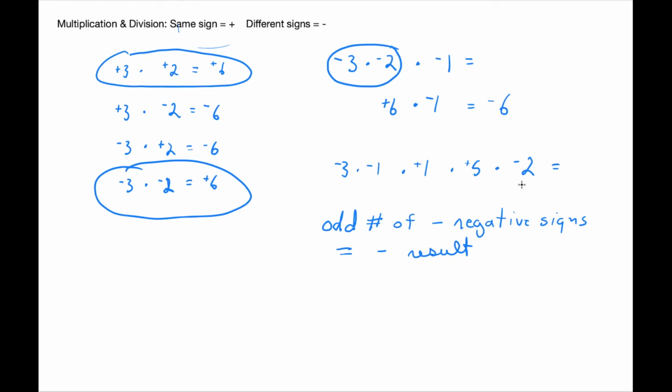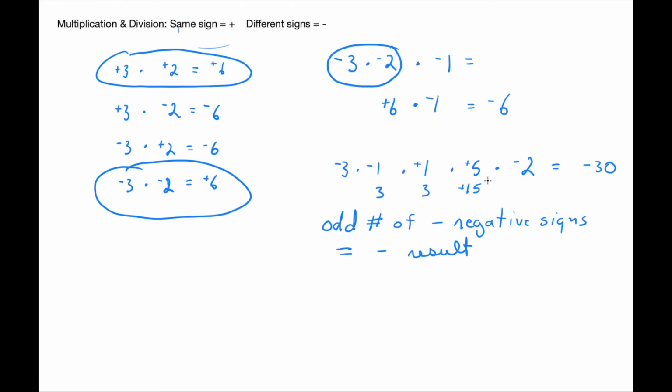Okay? So if we did this one, it's a -3 times -1, which is a +3, times +1, which is still a +3, times +5, which is a +15, times the -2, which is going to equal -30.